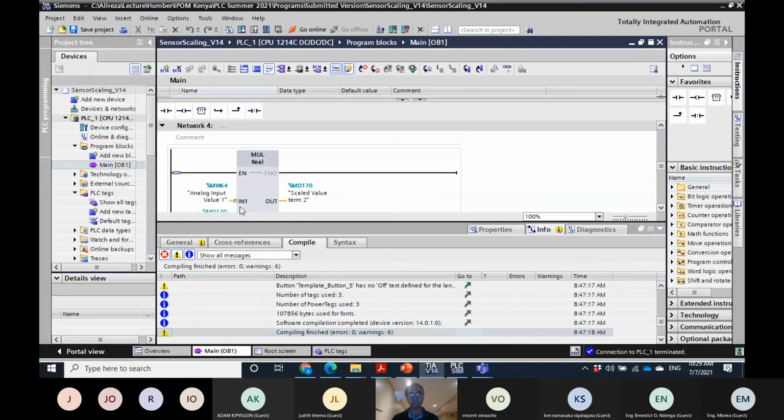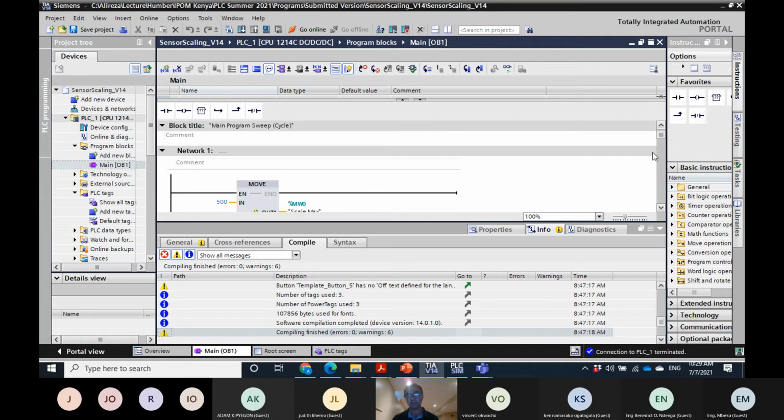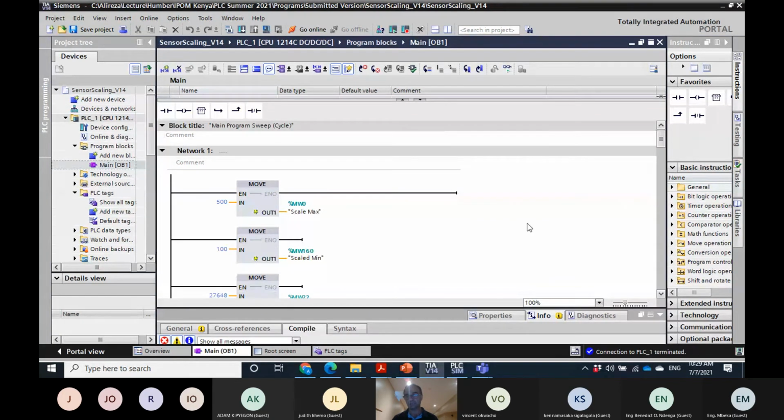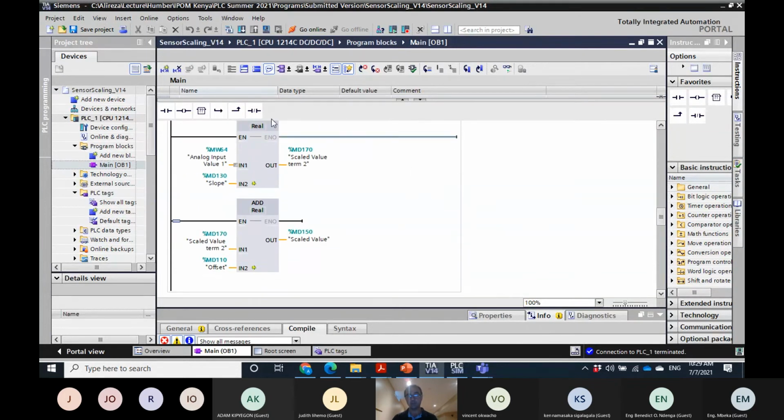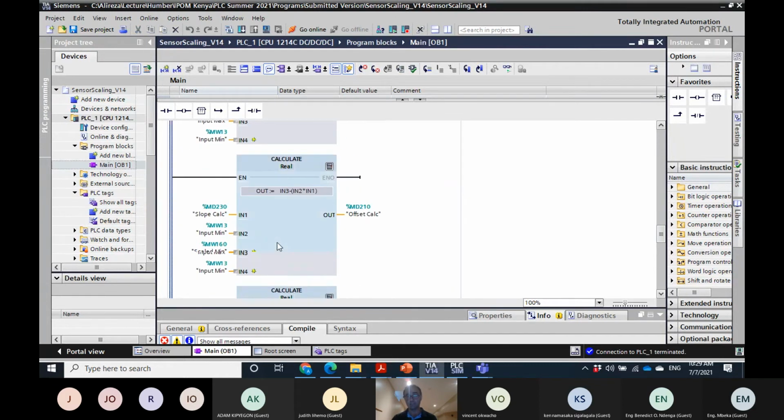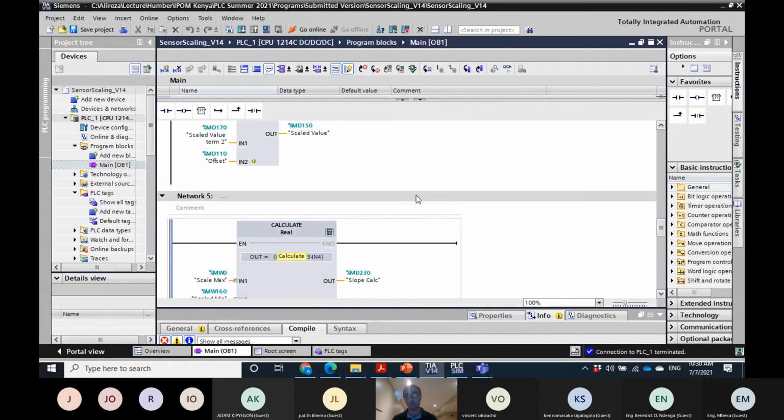So this is the program. You have that sensor scaling version 14. In this program, both methods are implemented: the method of individually using the basic instructions, and also the calculate. So you have two outputs.